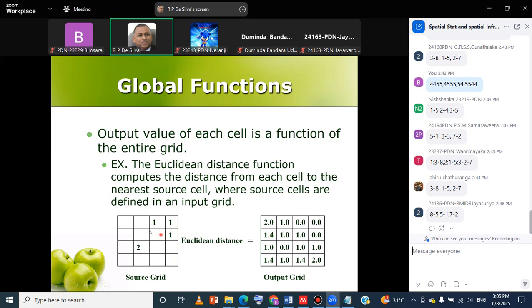From here, earlier with 1.4, now 1 plus 1, 2. So 1.4 becomes 2. All the others remain the same when you look at the Manhattan distance. Very easy. So you make this 2, make this 2, make this 2, then you have produced the Manhattan distance.